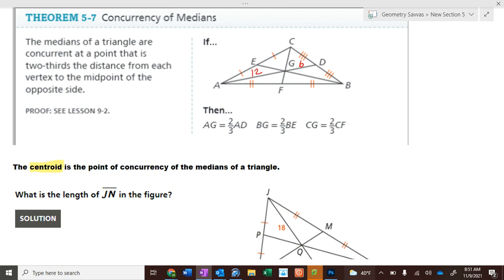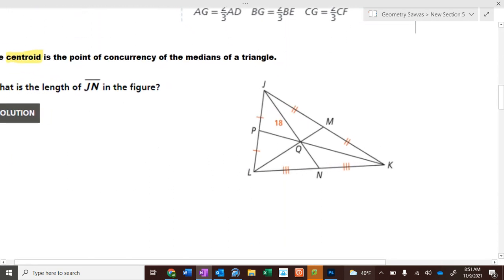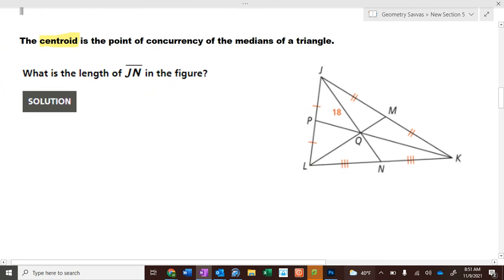Is 12 2/3 of 18? Yes. Sure is. Okay. So that's some of the questions that we'll have on this. So if JQ is 18, how long is JN? Well, if this is 18, is that the 2/3 part or the 1/3 part? 2/3.